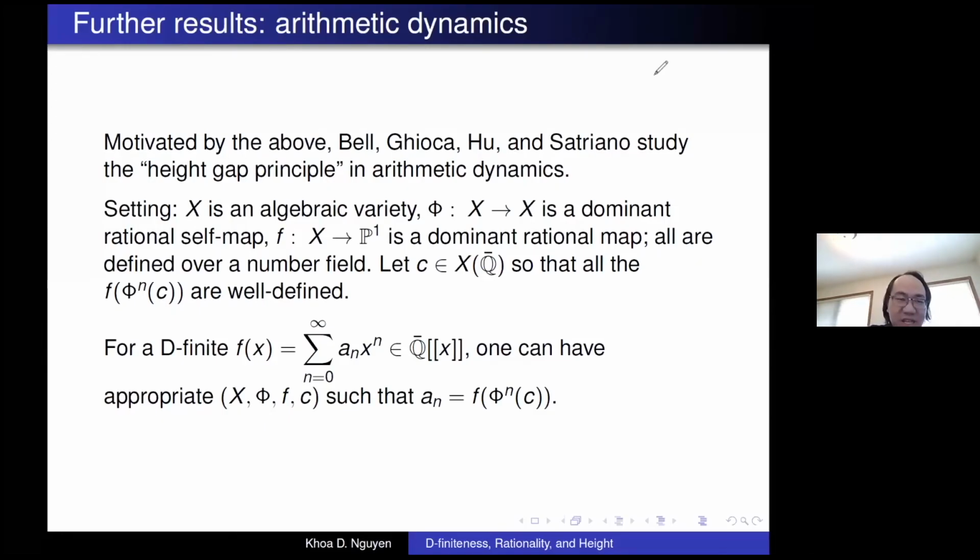I just mentioned our current work in progress, and there's also other work in arithmetic dynamics. These guys, at least for one variable functions, can fit these coefficients into the framework of arithmetic dynamics when they iterate a self-map of a certain variety. And they have the height gap principle that you can probably guess now.